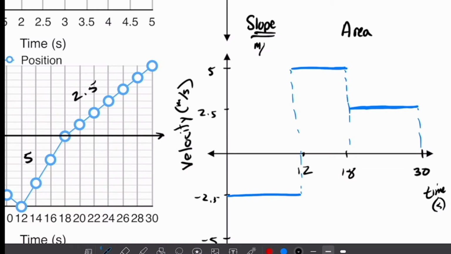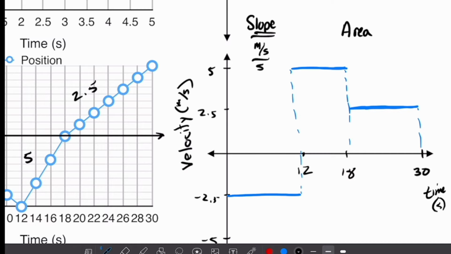So that would be meters per second divided by seconds. That's the meaning of the slope. If that looks like something familiar to you, then the slope has meaning. If it doesn't look familiar, then the slope doesn't have any meaning to you. Don't get me wrong, it could have meaning and you just don't know what it is. But if you don't recognize that unit, the slope might not have meaning to you.